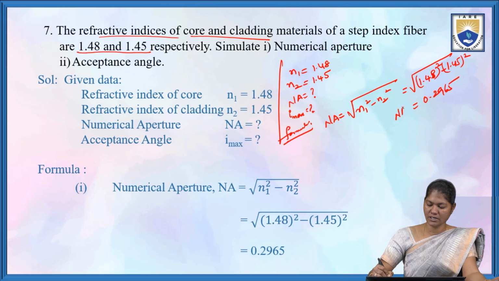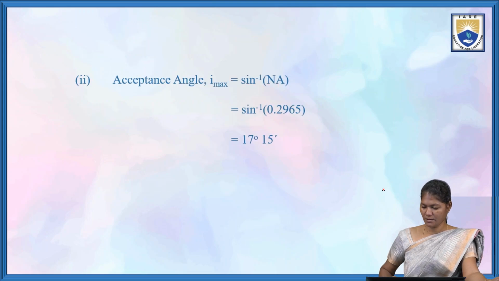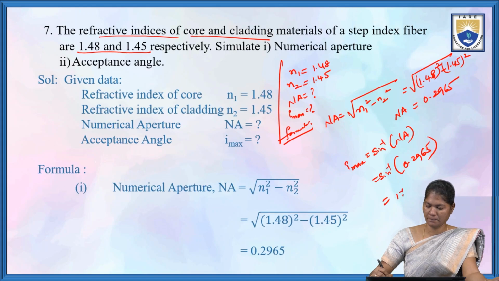This is the numerical aperture. And for the acceptance angle, i maximum is equal to sine inverse of NA, so sine inverse of 0.2965. So the value becomes 17 degrees 15 minutes. This is the acceptance angle.